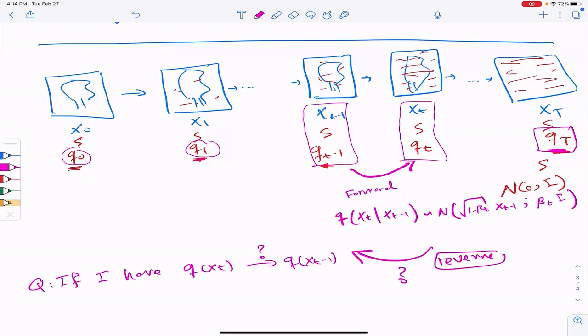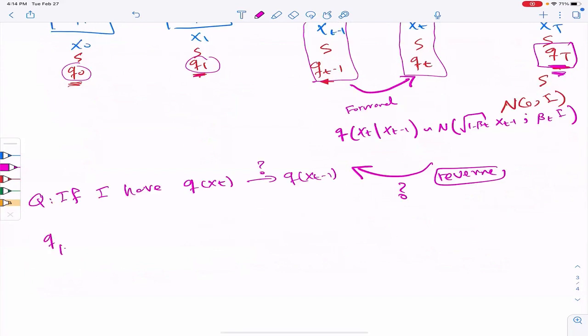But if I have a process that can reverse time, if you give me Q at time 100, I can generate Q at time 99. I can start from the end because I know Q1000. That is just Gaussian. If I knew this process, I'm not promising you guys anything at this point. If I knew, I could generate Q999.